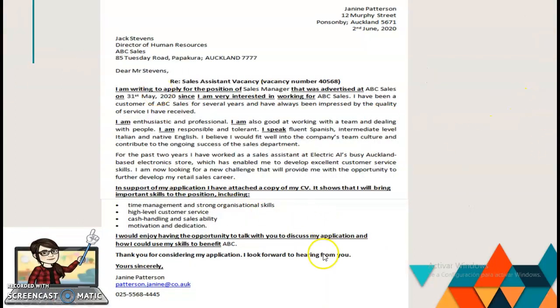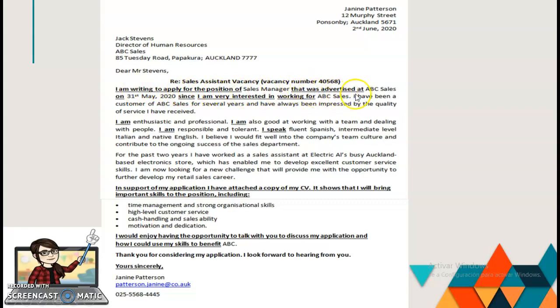Let's have a look at the following example. So at the very beginning, you have some information about the person who's writing, then some information about the person who is going to read your covering letter. Then you greet the person, there's a reference, and then you will see that it's divided into paragraphs and some words in bold.